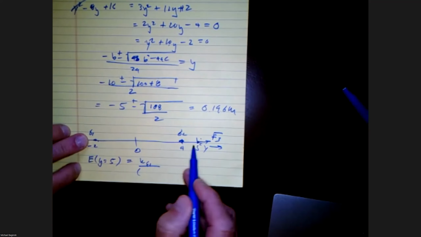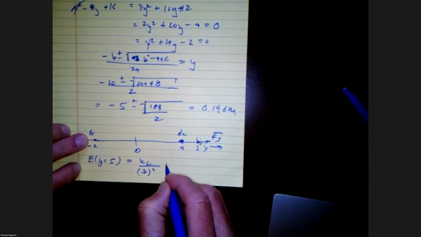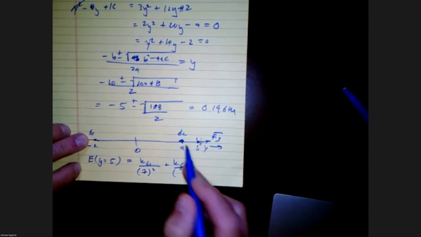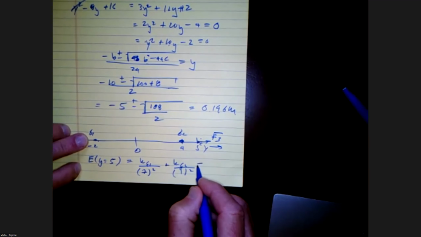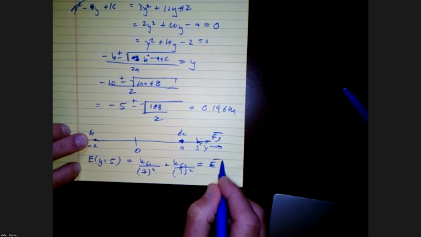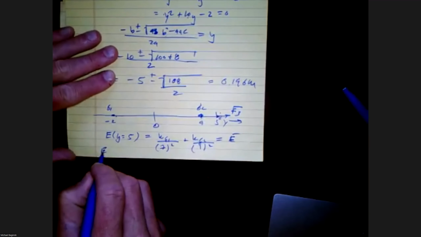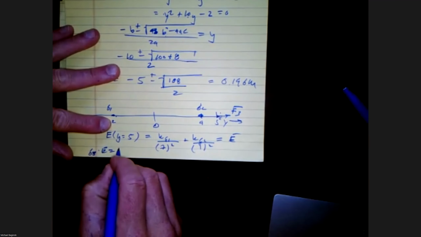The position here is minus 2. 5 minus a minus 2 is 7 squared, plus KQ2 over, and 5 minus 4 is just 1 squared. And that will be the electric field value. And then if you take that electric field times the charge, which is Q3, you're going to get the force on 3. Does that make sense to everybody, class? Everybody follow me on that?